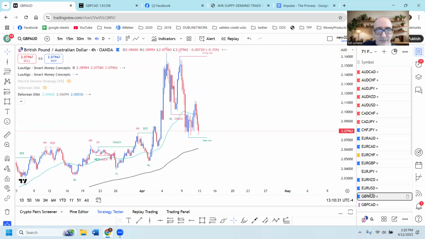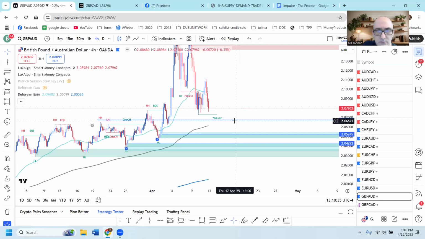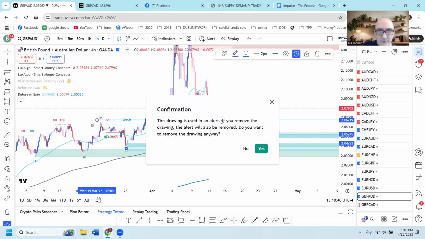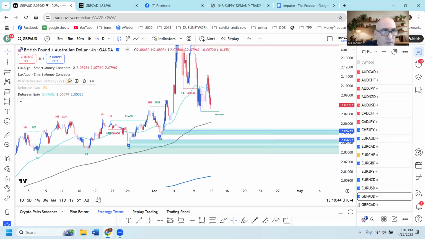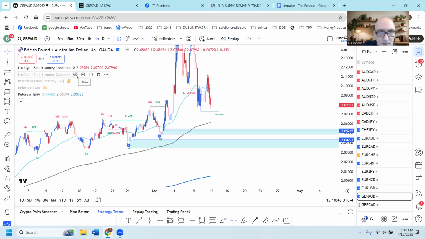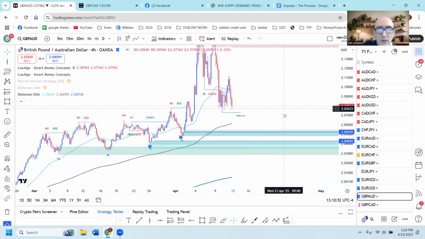GBP AUD, this one also is bullish. Not sure what this line is for here. Let's see if I can get rid of that alert. So this alert is set right here, right?